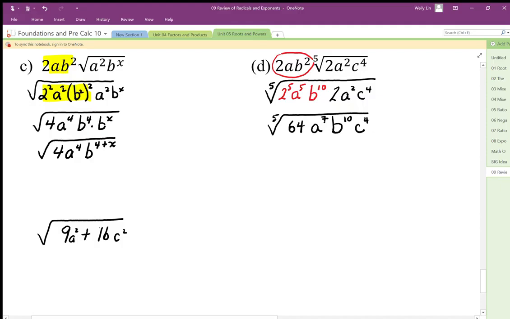We cannot square root, we cannot power when there's a plus in here. There's nothing we can do. So we can't do anything in this case.